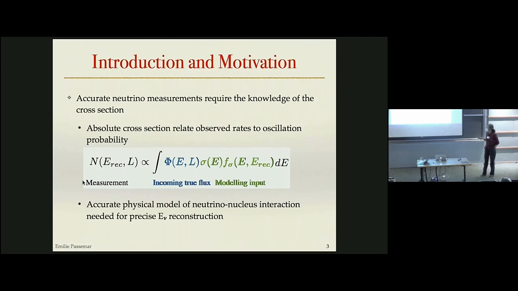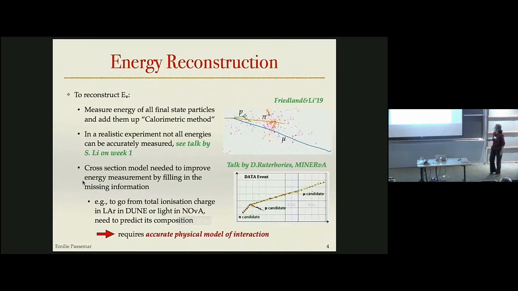And so an accurate physical model of neutrino-nucleus interaction is also needed for a precise neutrino energy reconstruction. To reconstruct the energy, you are thinking of measuring the energy of all final state particles and adding them up using the calorimetric method.